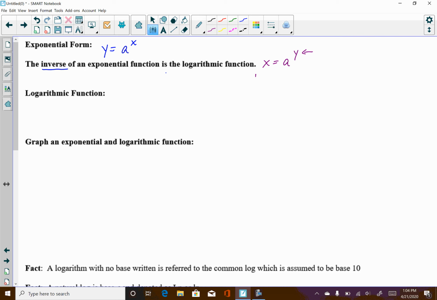So I have log of x equals the log of a to the y. The rule is that whatever is in your exponent can come down in front as a coefficient. So my next step would be log of x equals y log of a.